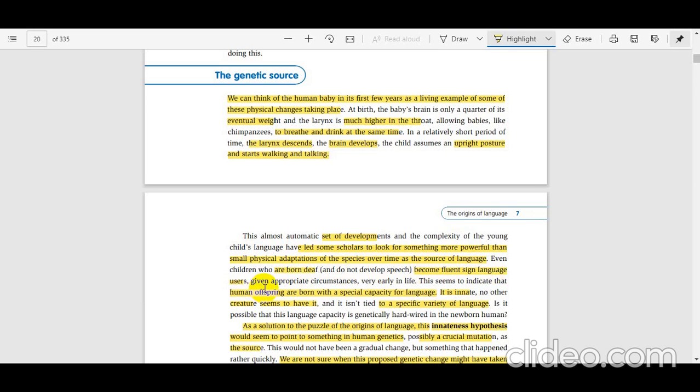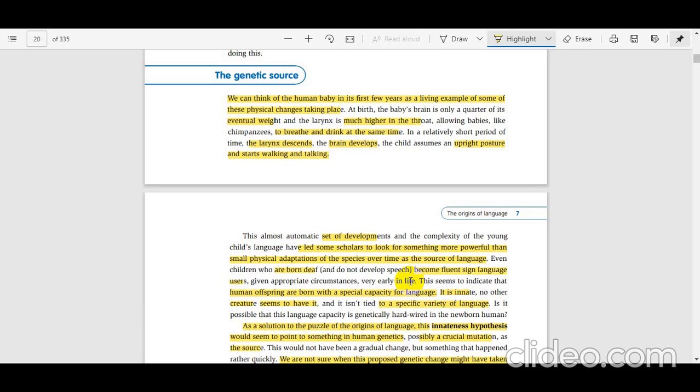Now, this gives the appropriate circumstances very clearly in life. This seems to indicate... It means what here? Before I proceed to describe the last paragraphs in this unit, it is very important to understand that the five sources up to now, except the genetic source, participate here and there in investigating the origins of speech.